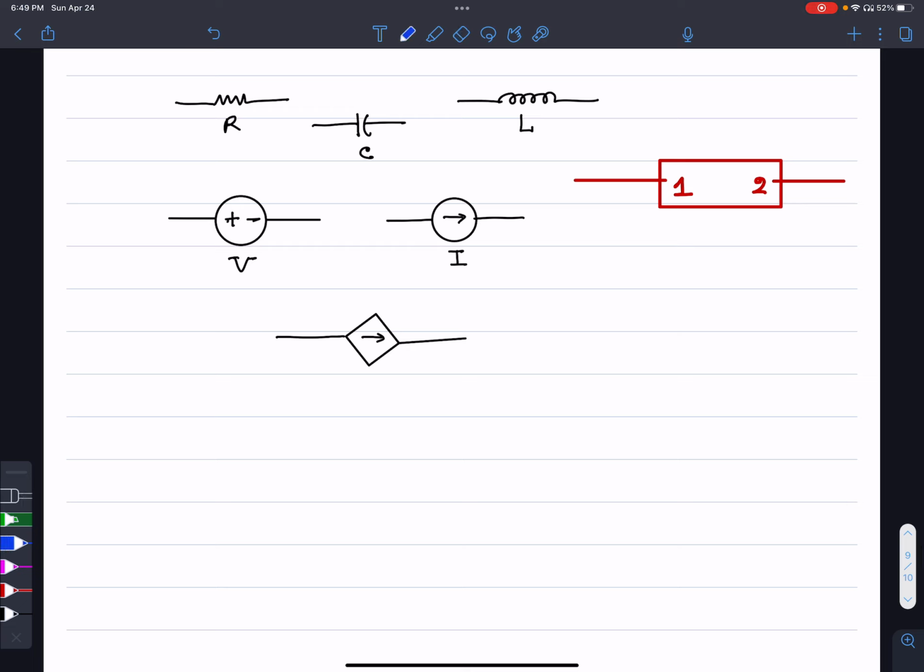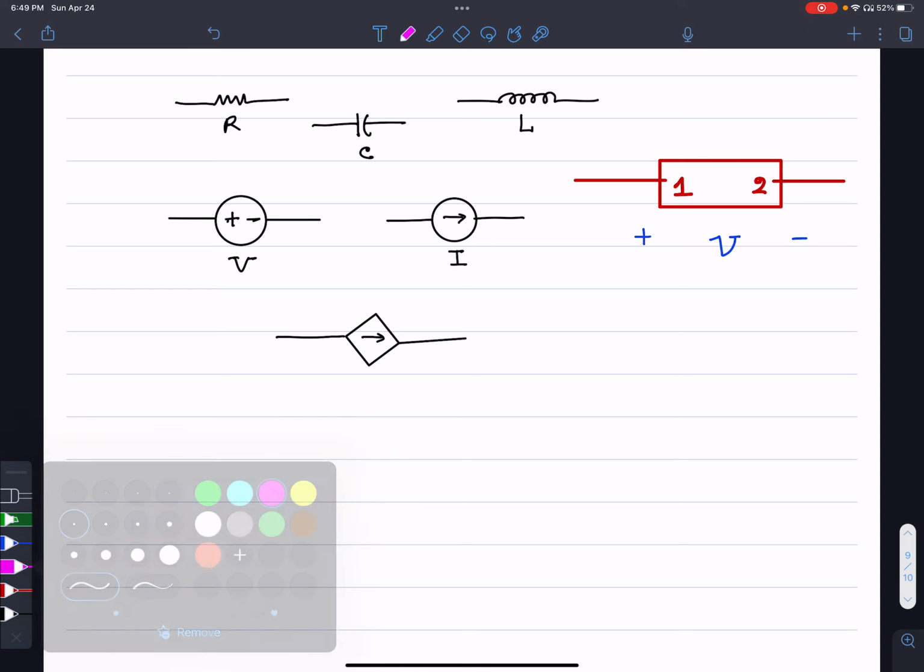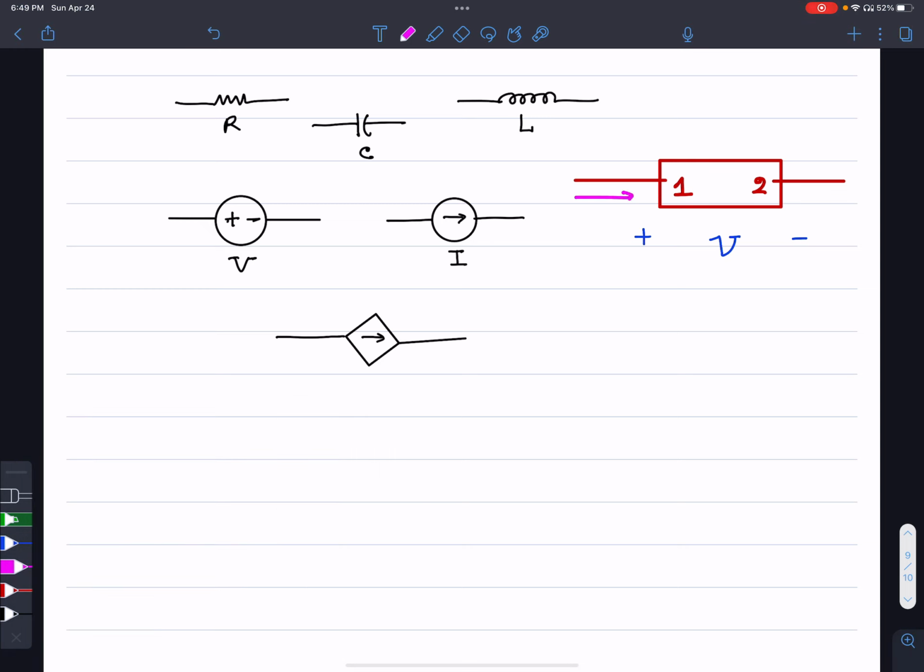The second property is that it can be completely defined in terms of its terminal voltages and the current that is flowing through the circuit element. The third property is that it cannot be subdivided into anything else.